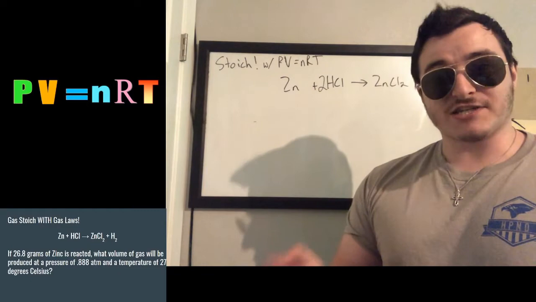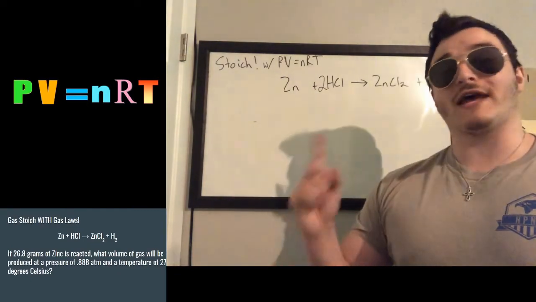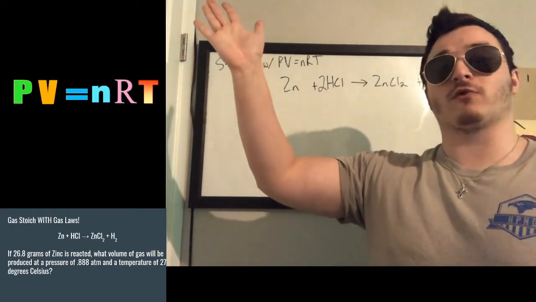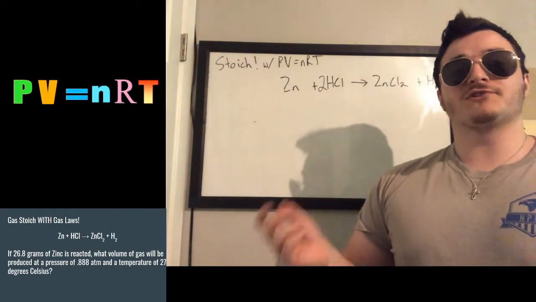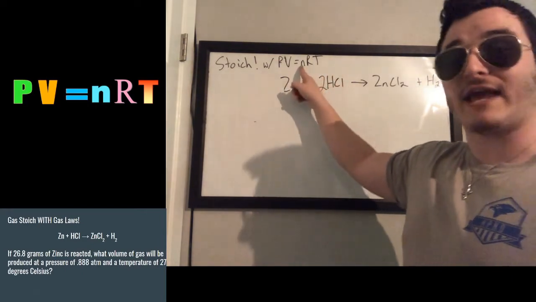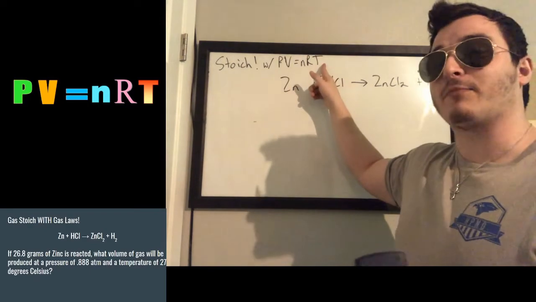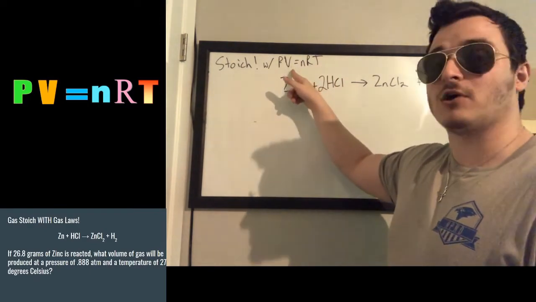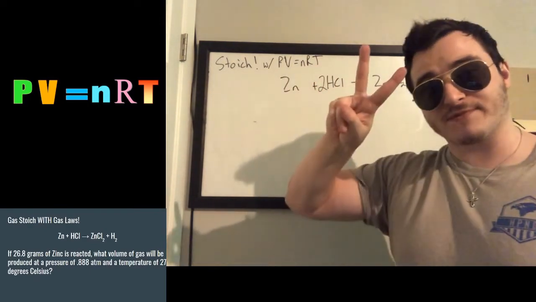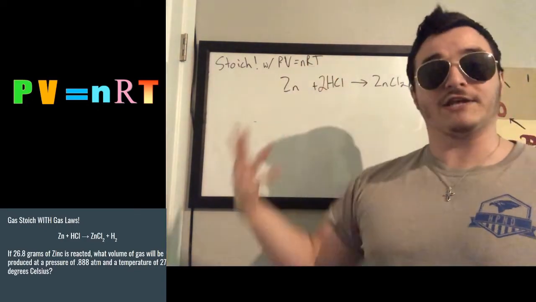This is, case in point, stoichiometry, but not at STP. Therefore, that 1 mole equals 22.4 liters no longer applies. So what we have to do is find out how many moles of gas we're dealing with, then plug in the pressure and temperature that they provide in order to solve for the volume. So it's 2 steps. Find n, and then use n to plug into PV = nRT.